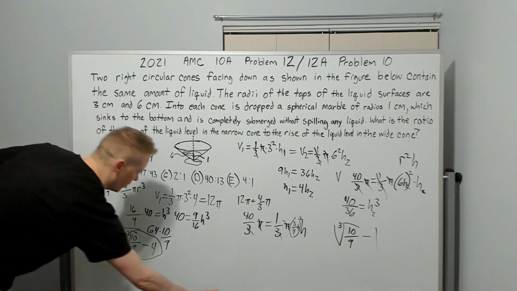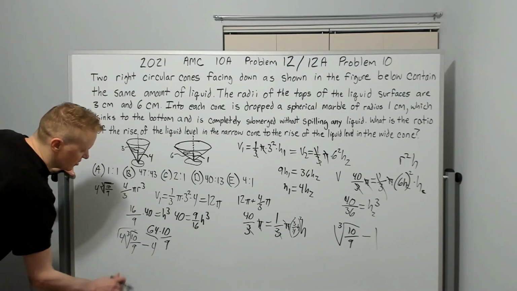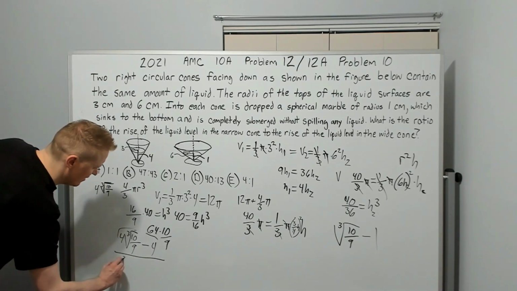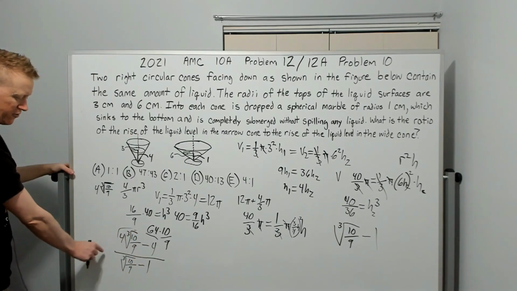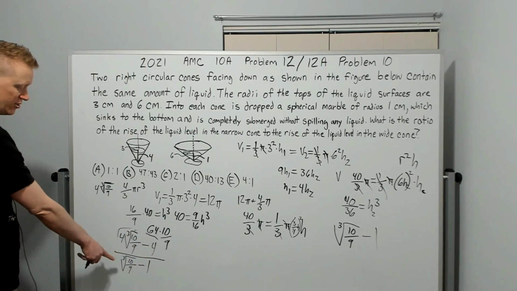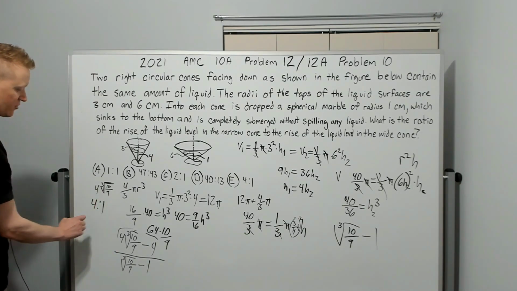I'm running out of board space, but let's just erase this and use this spot right here. So if I divide, it's going to be cube root of 10 over 9 minus 1. And now you will factor out the 4, and it will cancel the cube root of 10 over 9 minus 1 over the cube root of 10 over 9 minus 1. The ratio you get is 4-to-1.